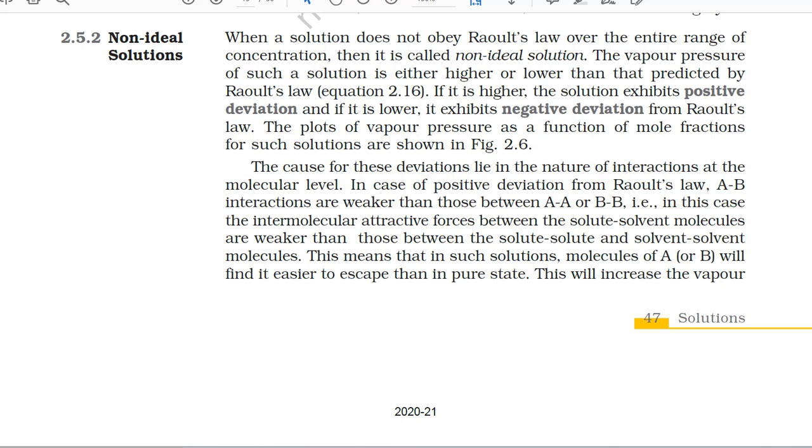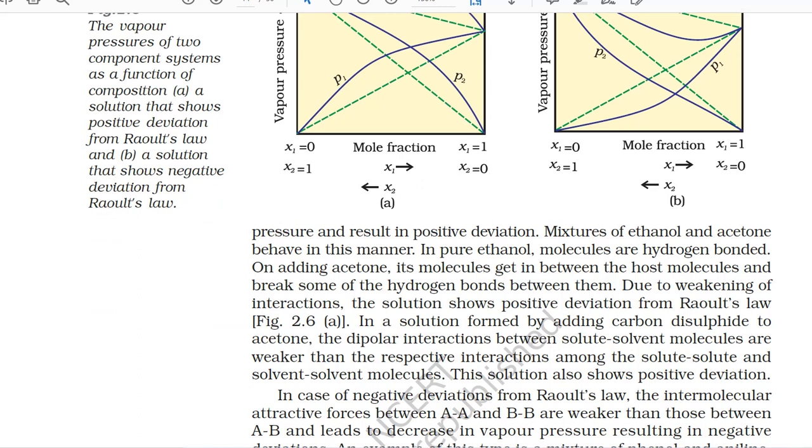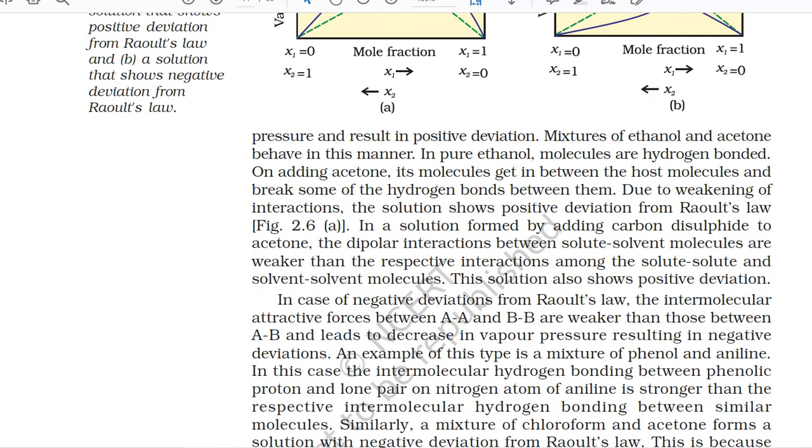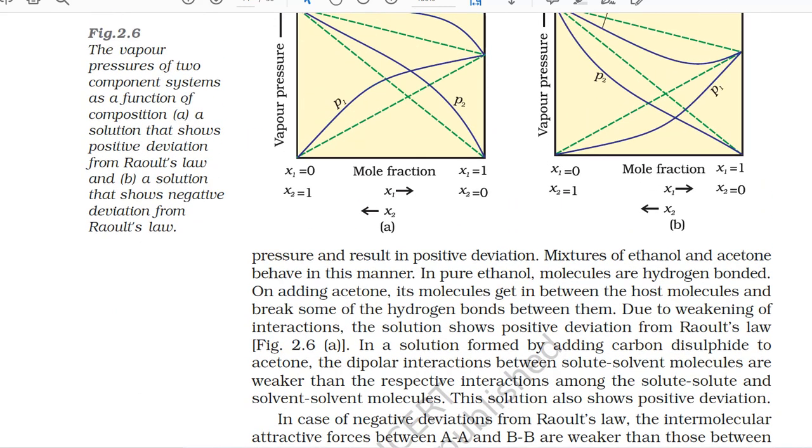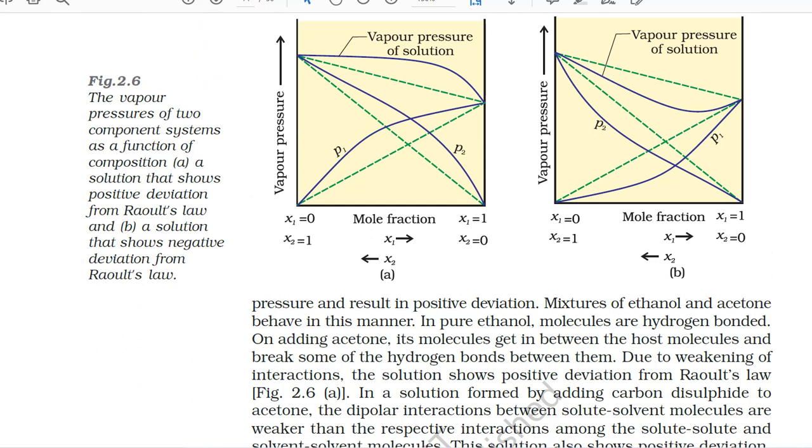This means that in such solutions, molecules of A or B will find it easier to escape than in pure state. This will increase the vapor pressure and result in positive deviation. Mixtures of ethanol and acetone behave in this manner.